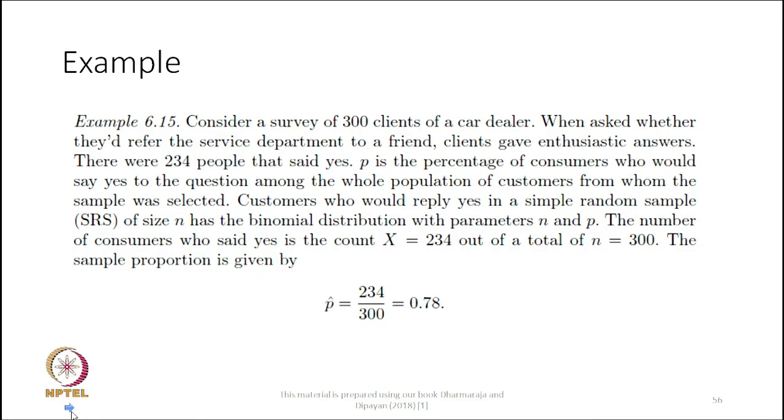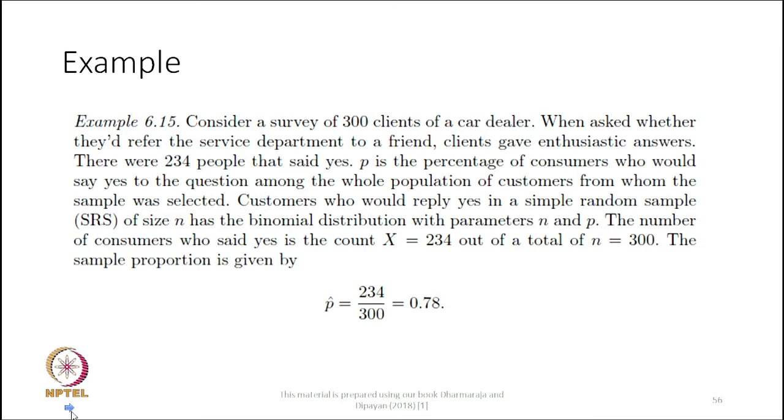Now, we are going to discuss one simple example. Consider a survey of 300 clients of a car dealer. When asked whether they would refer the service department to a friend, clients gave enthusiastic answers. There were 234 people that said yes. So, p is the percentage of customers who would say yes among the whole population of customers from whom the samples are selected.